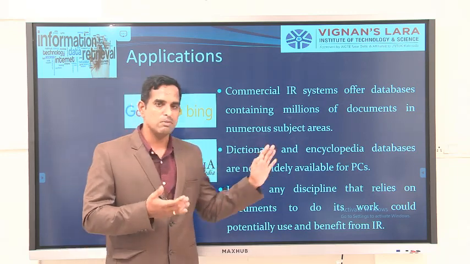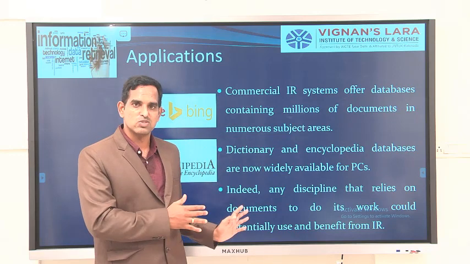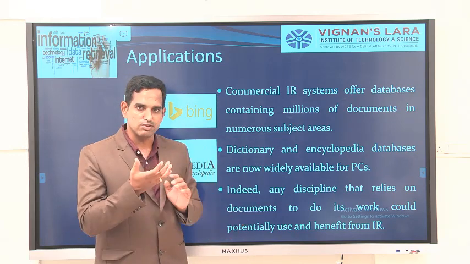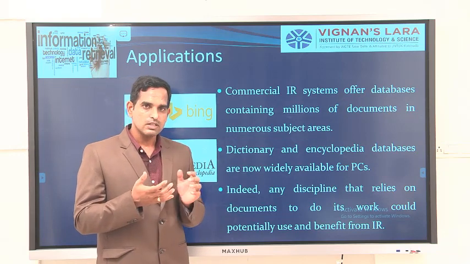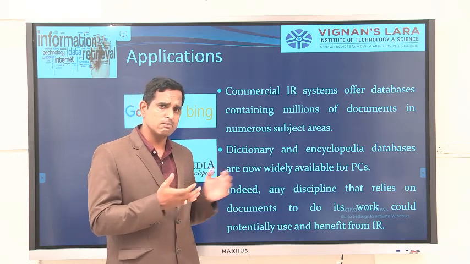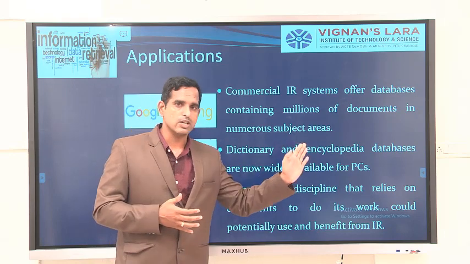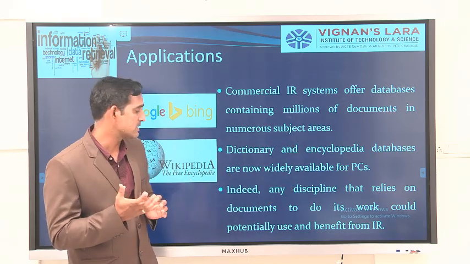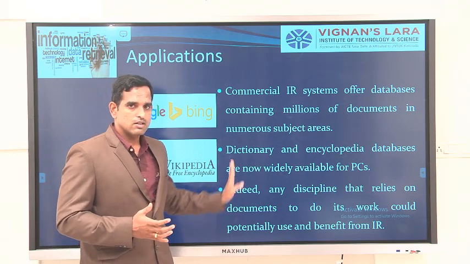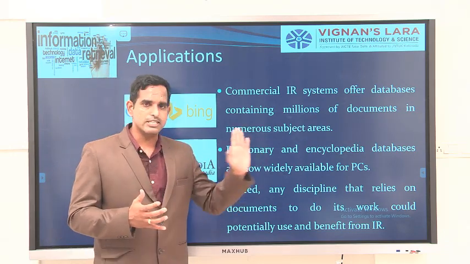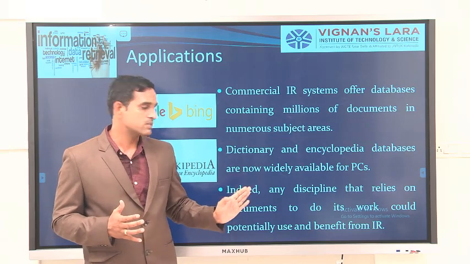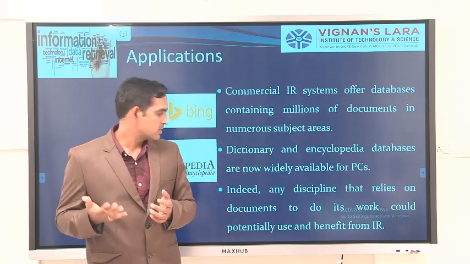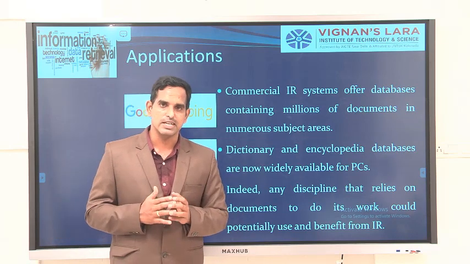Dictionaries are present as part of MS Word, MS Excel, and when typing on your mobiles. To sum up, indeed any discipline that relies on documents to do its work could potentially use and benefit from an information retrieval system.